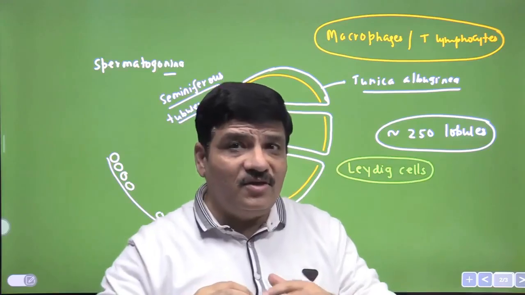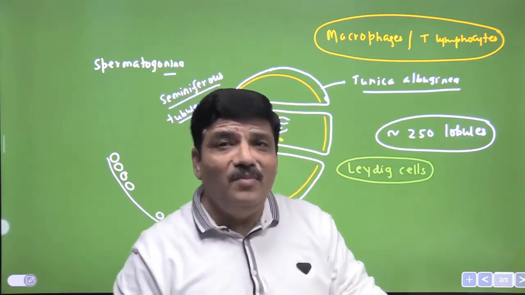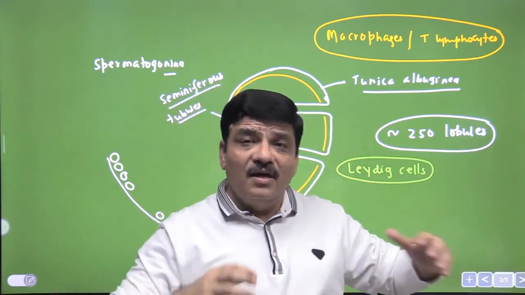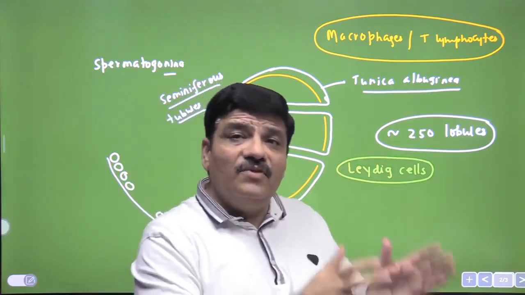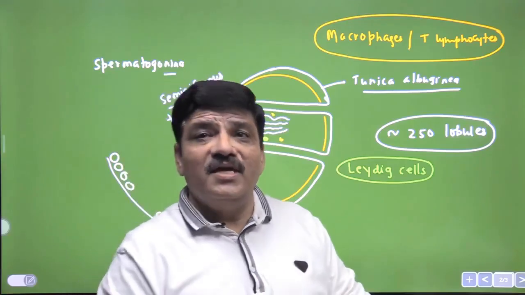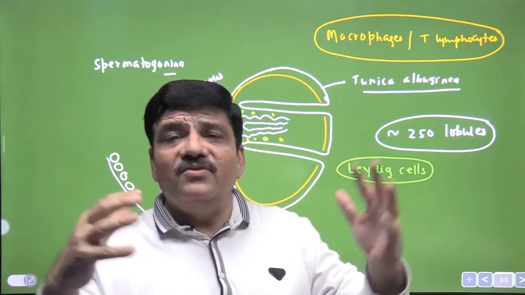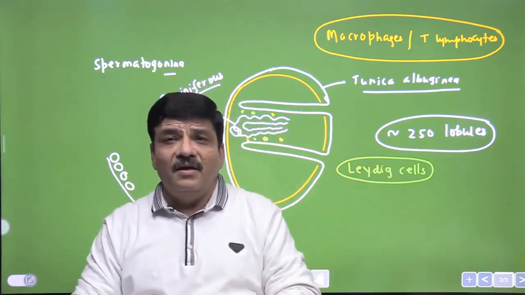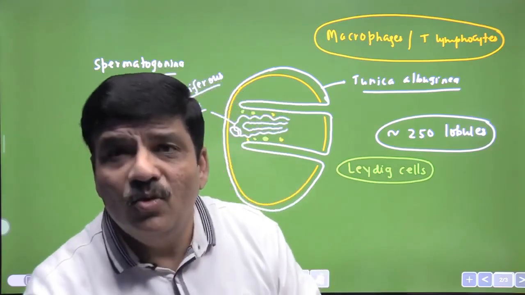Because spermatogenesis occurs after a certain number of years, when immune tolerance has already developed, the body may trigger an autoimmune response against the sperm. Therefore, there is a blood-testis barrier. There are so many mechanisms that you will understand in your first year of MBBS about why it is a privileged site with respect to immunity.